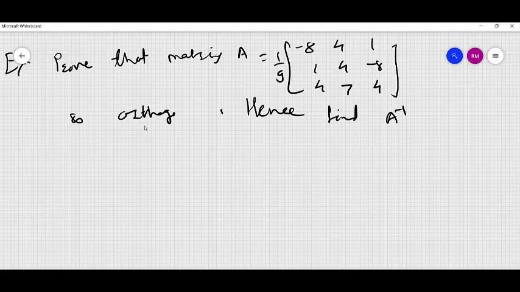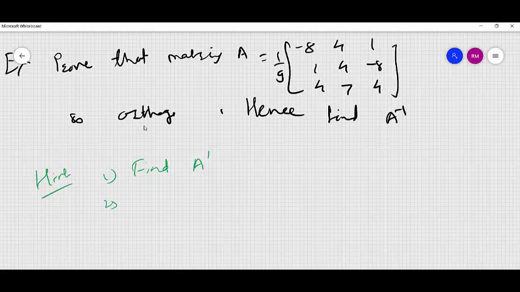So it is easy to show that it is orthogonal. Hint: the first step is to find A dash, which means transpose.